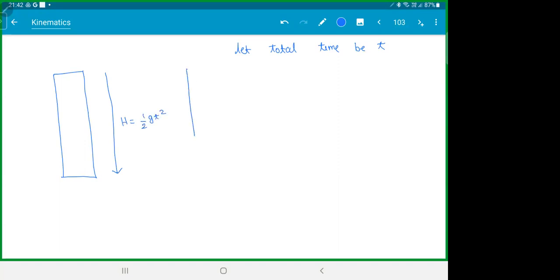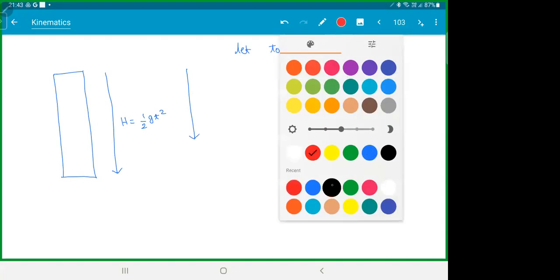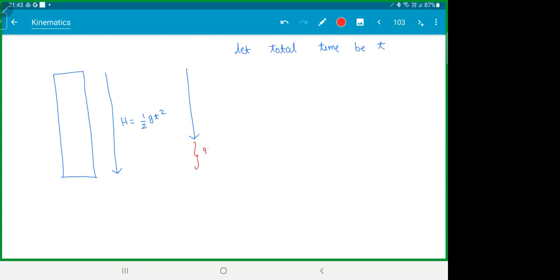That means in the last but 1 second, you have traveled how much? The last second you are traveling 9h by 25. That means you are traveling 16h by 25 in t minus 1 seconds. Isn't it? In total time t, if you travel h, then in t minus 1, you will travel 16h by 25. u is 0.